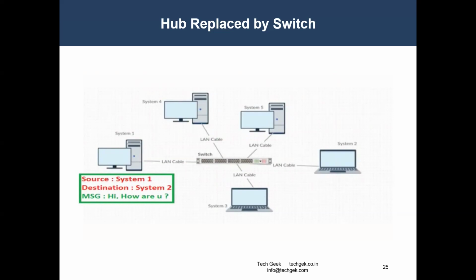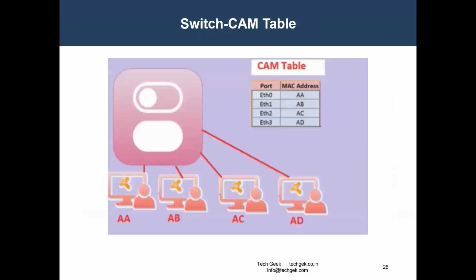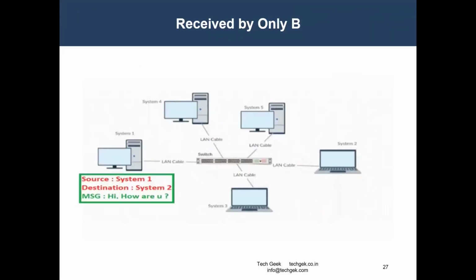The data is forwarded to the particular recipient because the switch contains something called a CAM table. CAM is content addressable memory, in which each device's MAC address is stored. That's how the switch recognizes each system with the help of the MAC address and knows where the data should be sent.